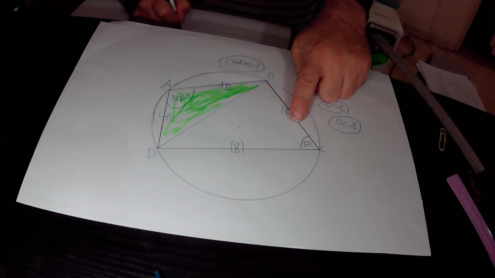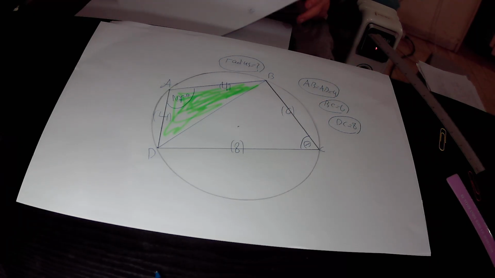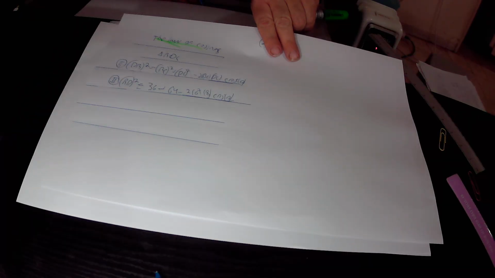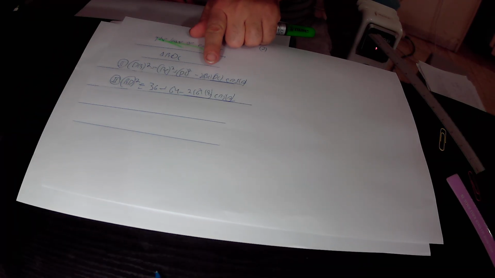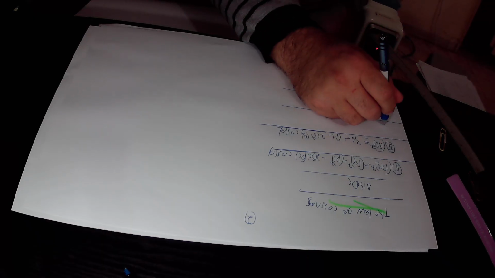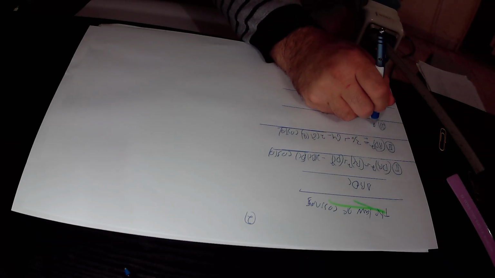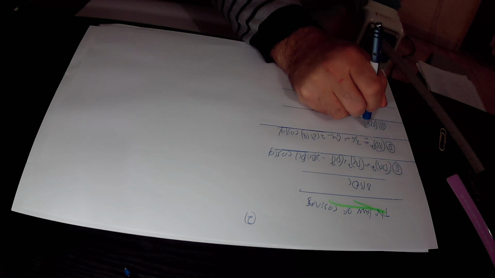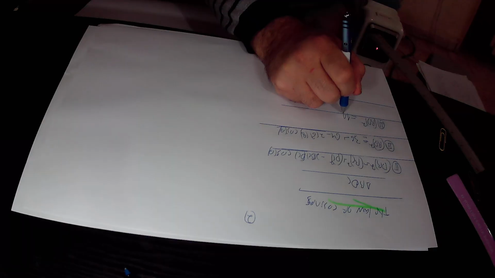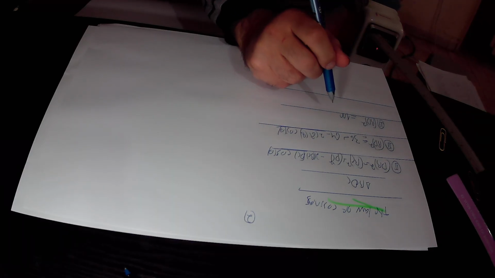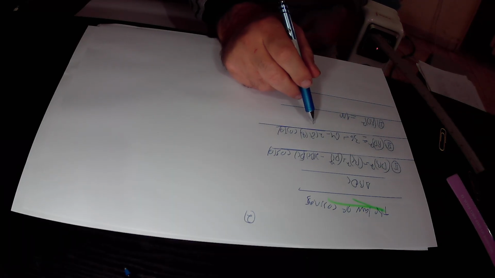So according to equation 2, we found out that BD squared equals 36 plus 64, minus 2 times 6 times 8 times cosine theta. So BD squared equals 36 plus 64 is 100, minus 2 times 6 is minus 12, minus 12 times 8 is minus 96.